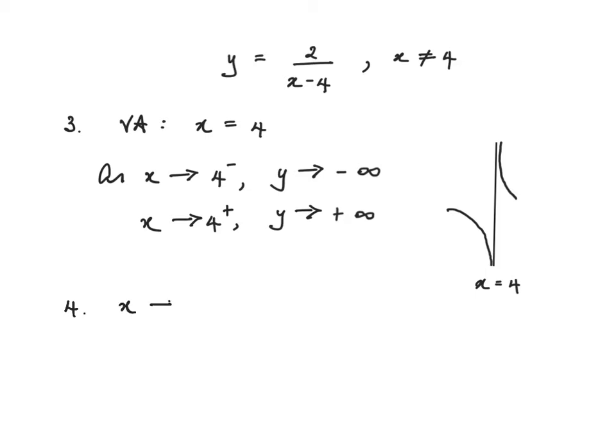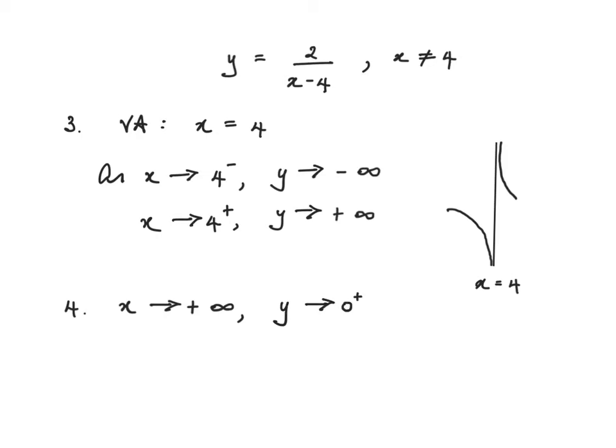So as x tends to positive infinity, what happens? Well, the negative 4 is irrelevant, and we've got positive 2 on top, so 2 divided by a very large positive value is a very small positive value, which is to say, as x tends to positive infinity, y tends to 0 from above.